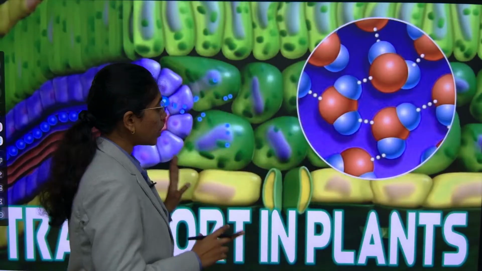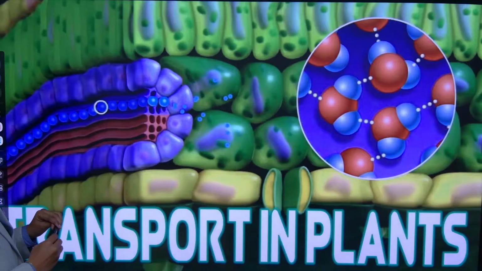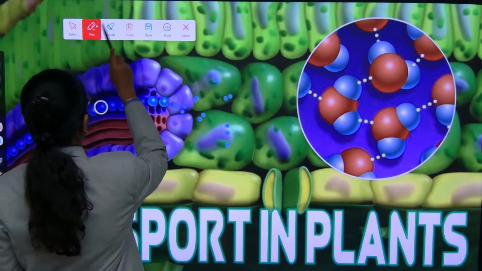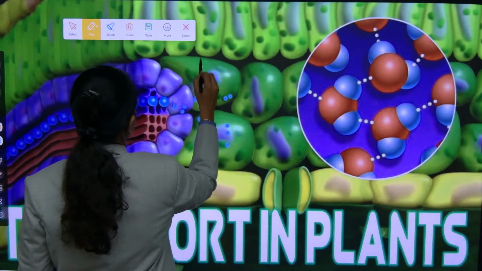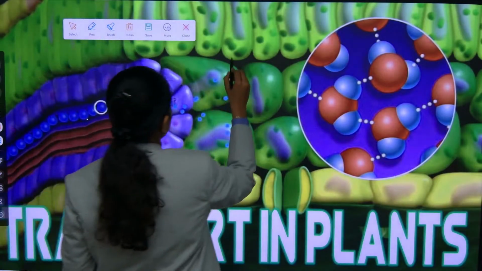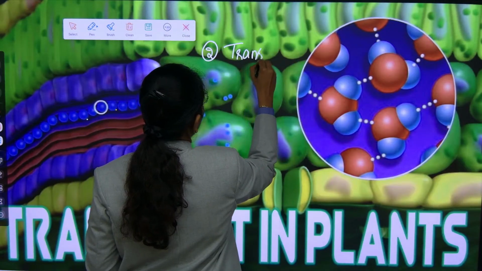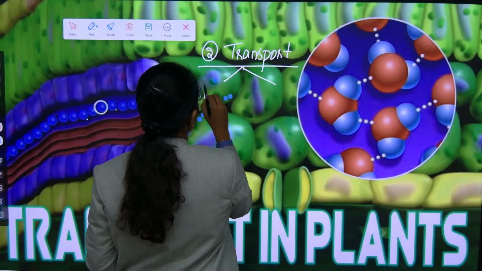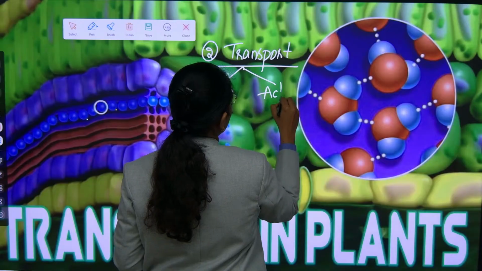From transport in plants, if you have to fragment this chapter and learn, first you have to focus on the transport mechanisms. We have 2 types of transport. One is passive transport and second is active transport.